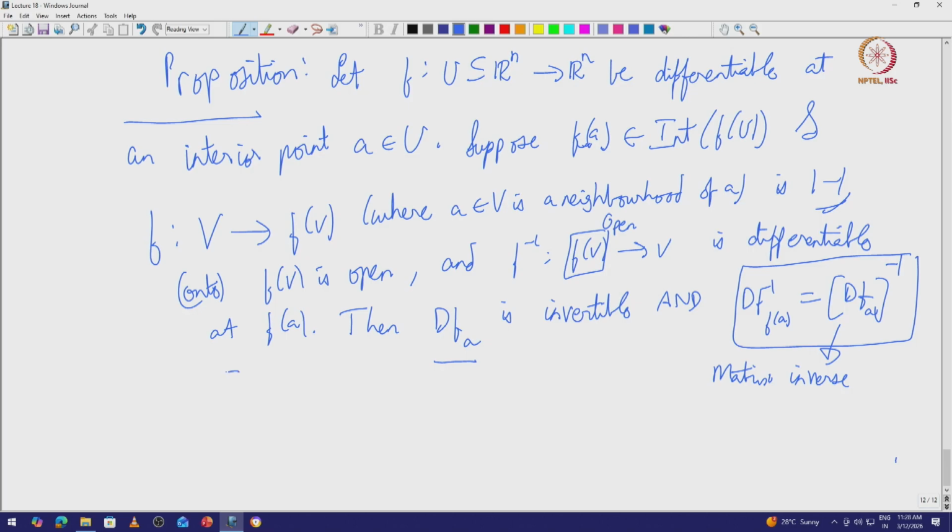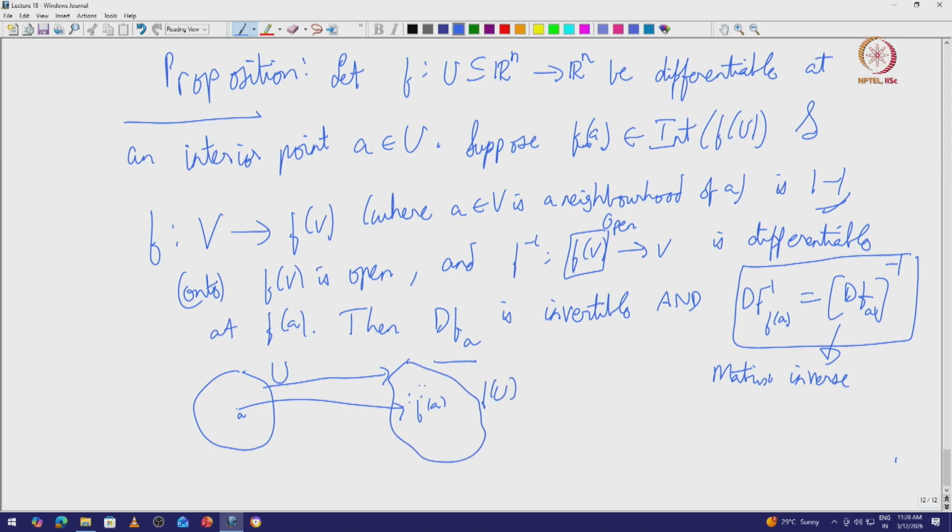So if I take u and if I take a, this is an interior point, right? And it goes to f of a, and this u itself would go to some f of u.